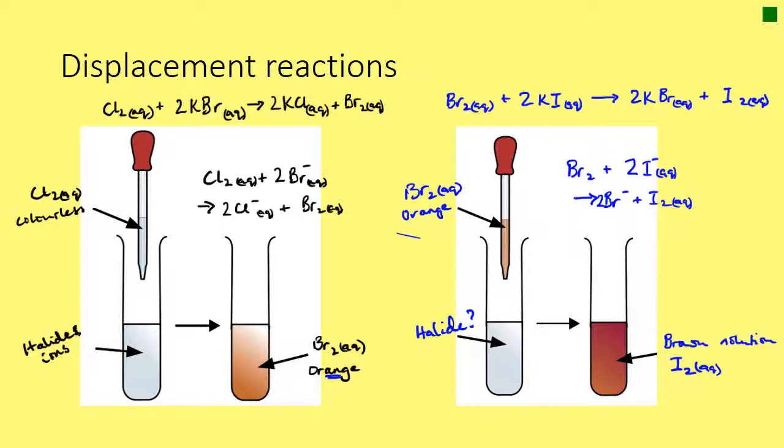The poor old iodine lost its electrons and had to go back to being a molecule because it was bullied by the bromine. Okay, so that's our ionic equation to go with our full equation, and hopefully that's illustrated a bit more practically what we did on the previous slide theoretically.